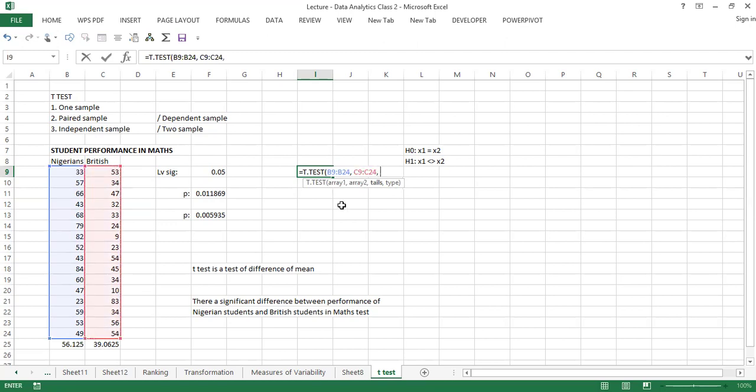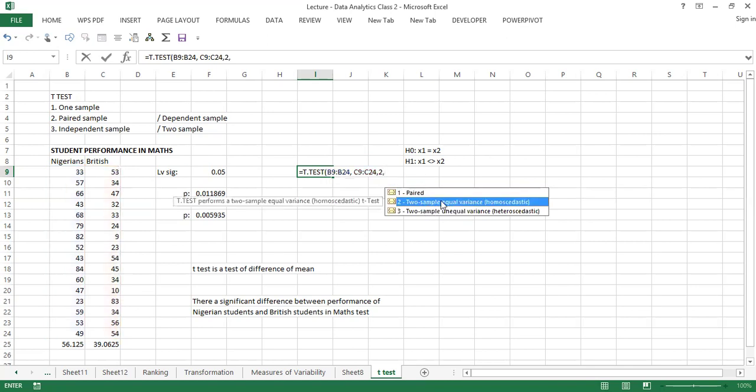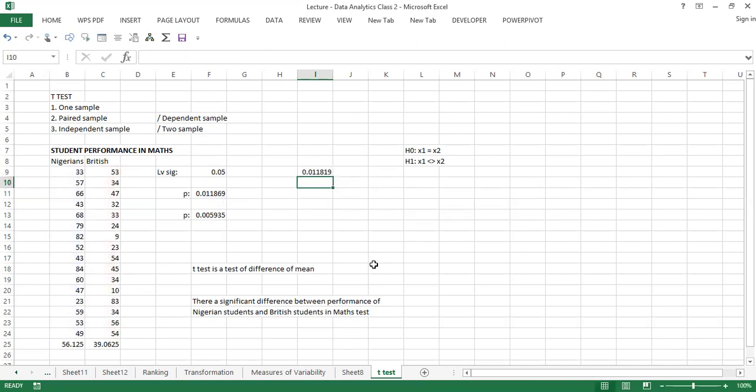Give that, and then the tails. In this case, we are dealing with a two-tailed test. And then the type, we are dealing with a two sample test or independent sample. So it gives us that figure 0.011819 as our p-value, which we computed here earlier.